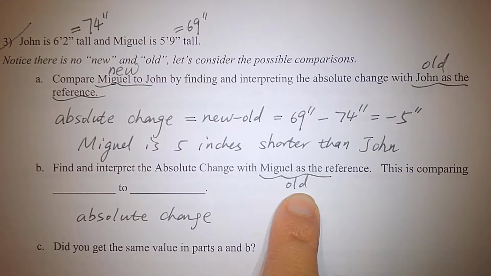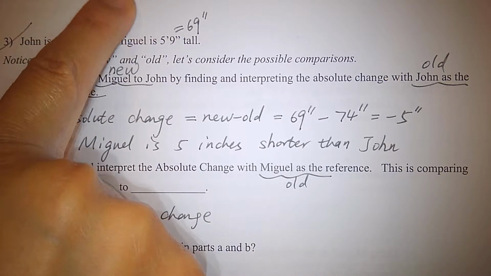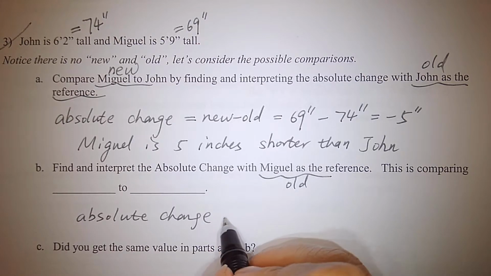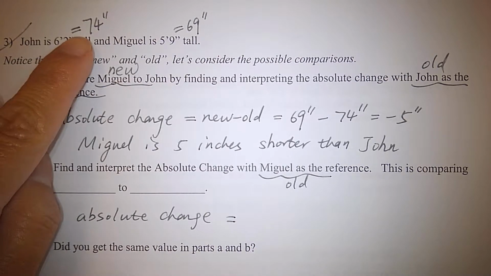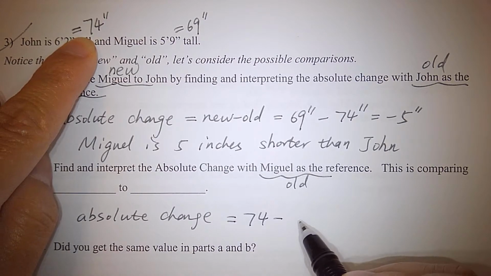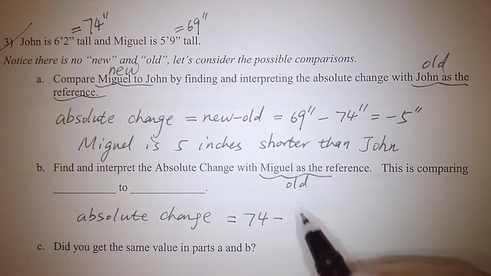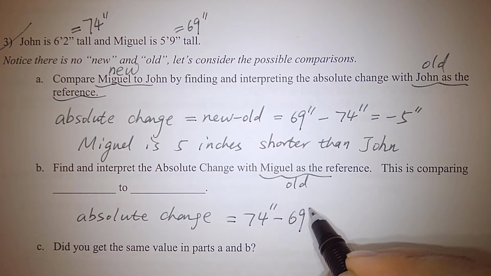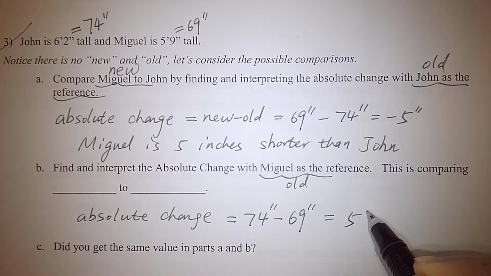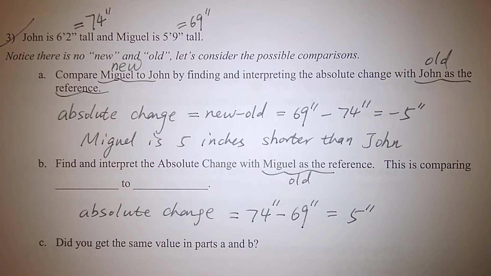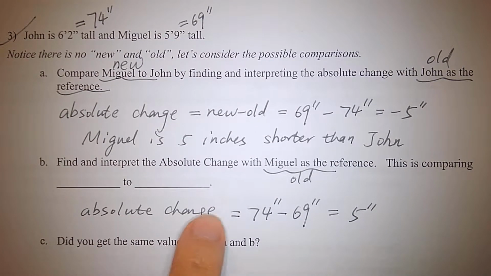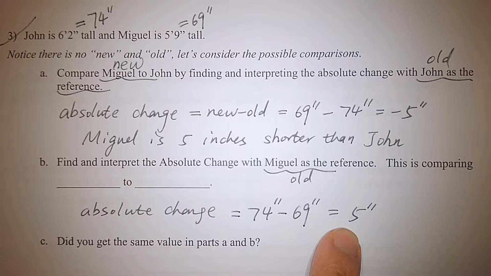So the height of John is the new value. So how can we compute this absolute change? New, 74 minus old, 69 inches. That gives us positive 5 inches. Okay?